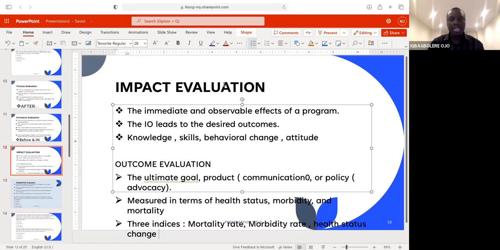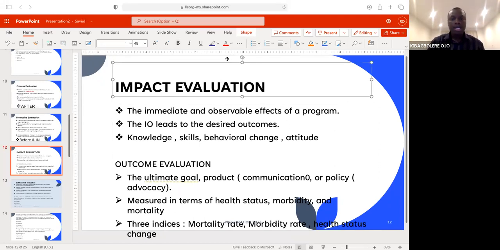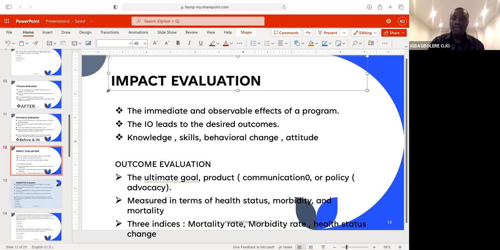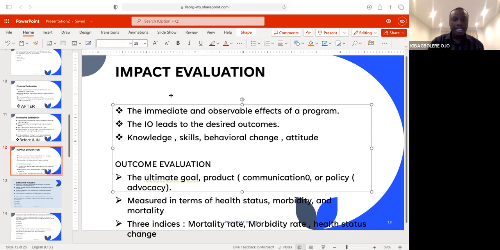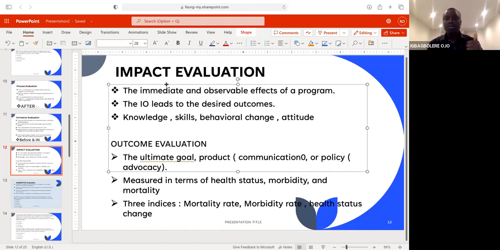I personally believe that the last two are fairly easy, and the first two are extremely tricky if you don't understand how to make a difference, okay? How to set the difference. All right, so for outcome, you are evaluating what is the mortality rate, what is the morbidity rate, what is the health status change in your program.